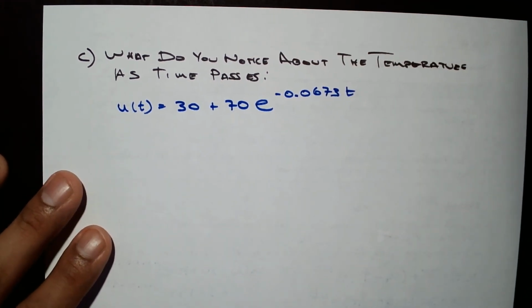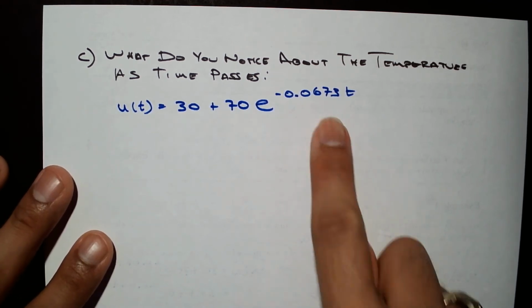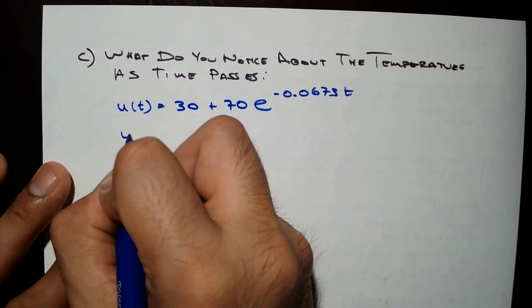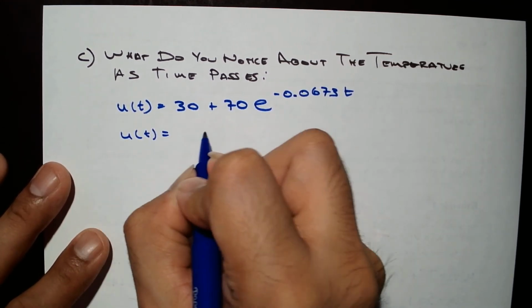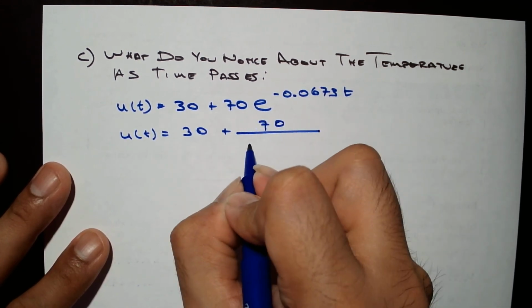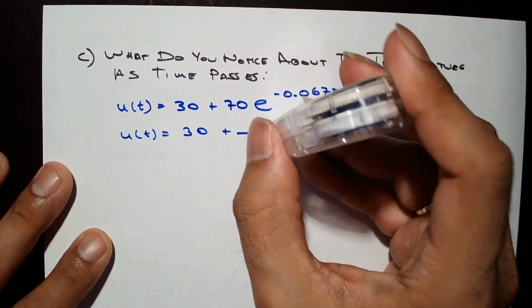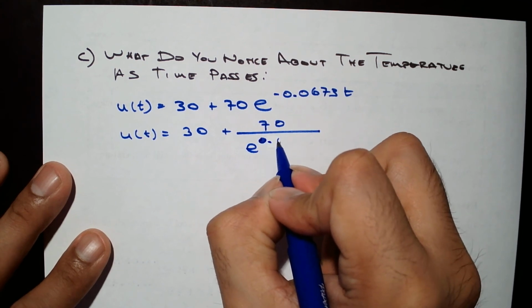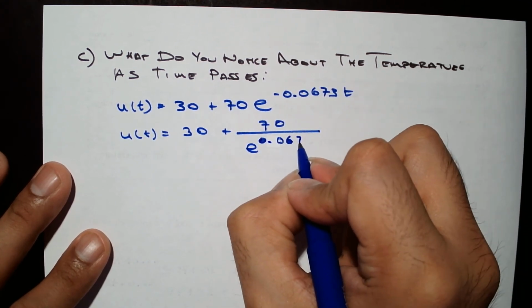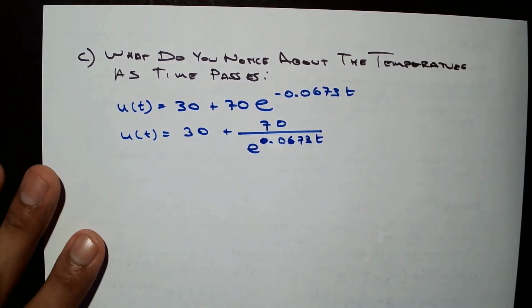All right, so what is going to happen here? So if we rewrite this in the following form, 70 divided by e to the actually positive 0.0673t.